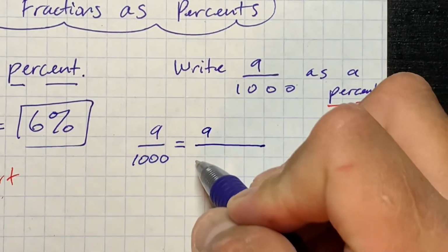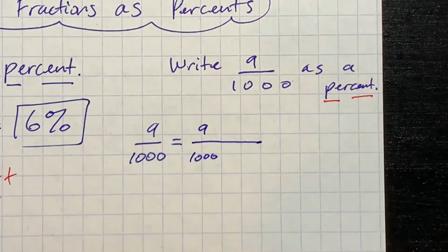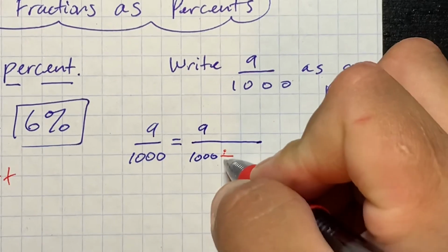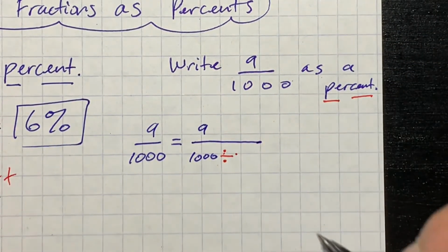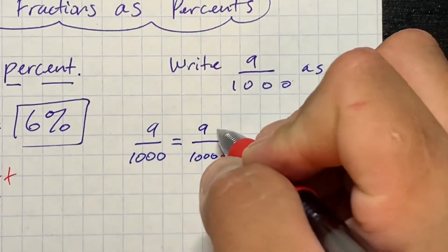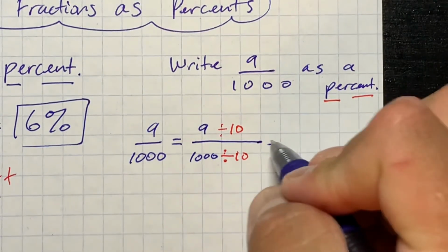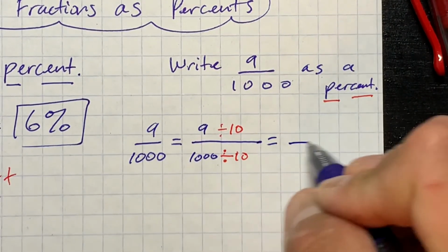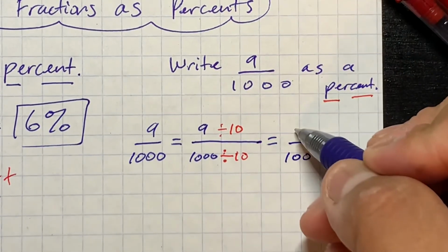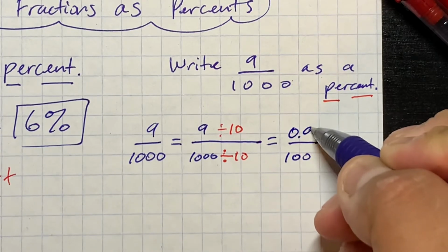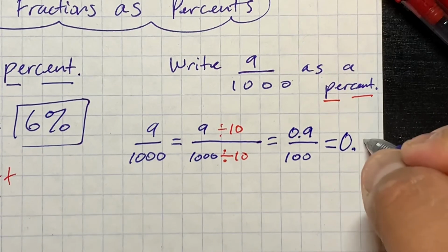So how do we make sure that 1,000 becomes 100? Well, my friends, all we do is divide by 10. So we divide this by 10, and that by 10. 1,000 divided by 10 is going to be 100, and 9 divided by 10 is going to be 0.9%.